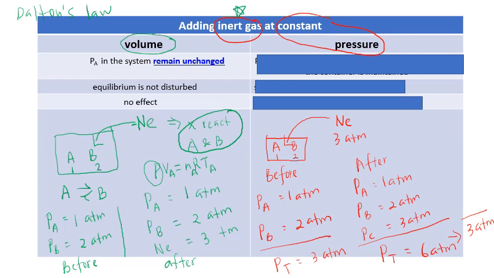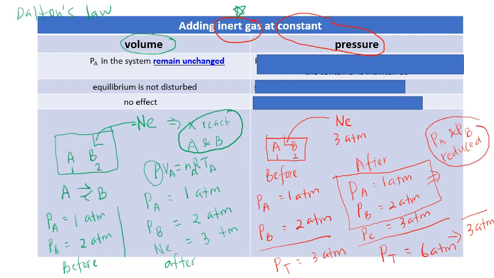increase the pressure, because from 6 atm to 3 atm means that the partial pressure of A and also B need to be reduced. So when partial pressure A and partial pressure B are reduced, this is the disturbance.